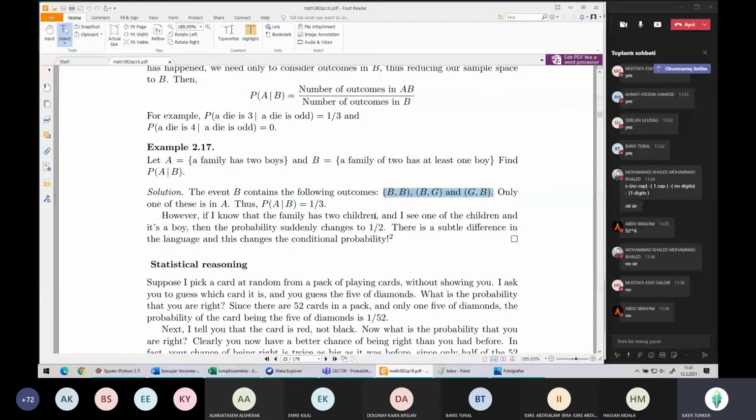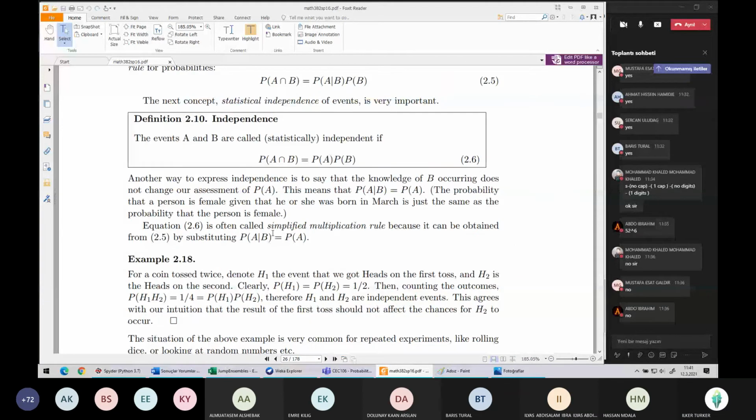Then the probability suddenly changes to 1/2. After you see the first one is a boy, the probability changes to 1/2. Why? Because if the other one is a boy, the condition is satisfied. This is conditional probability, and independence.